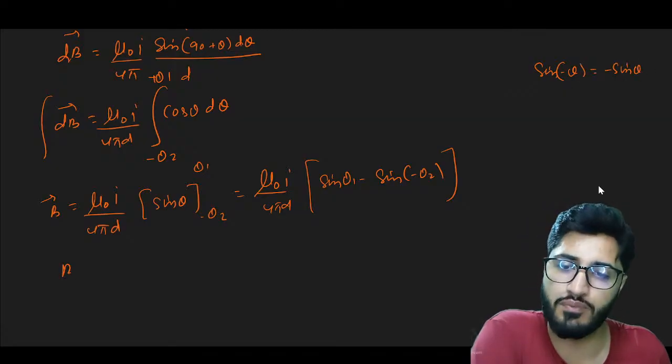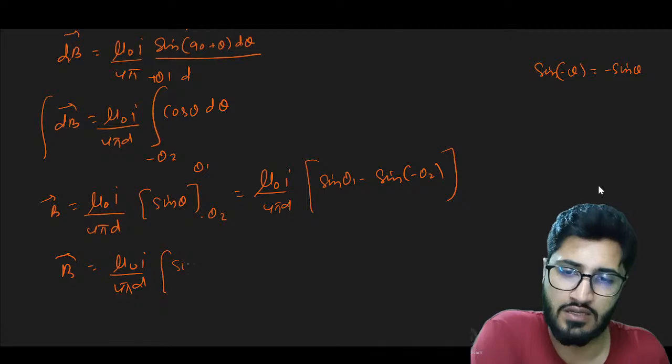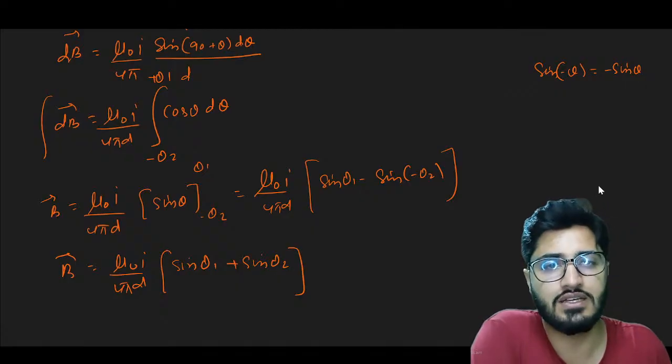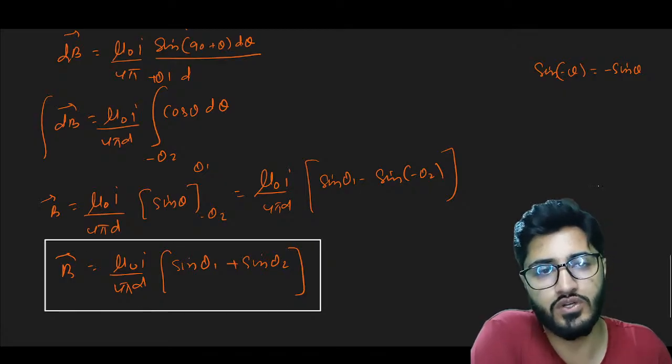So B came out to be mu naught I by 4 pi d, sine theta 1 plus sine theta 2. This is my last equation that you need to remember, only this one.